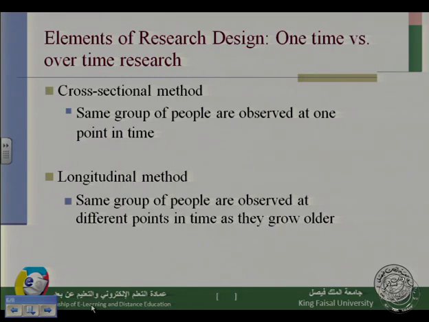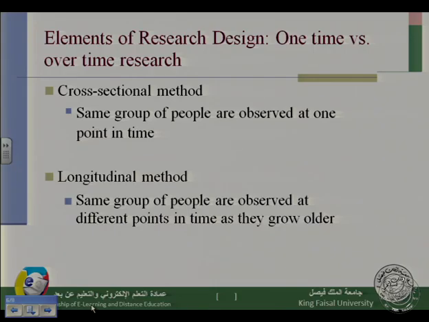The other way to do it is you don't wait for these students to become 16. You go to students who are already 16 and you conduct your study, and then you say, I predict that these students would be similar to these students. Why?